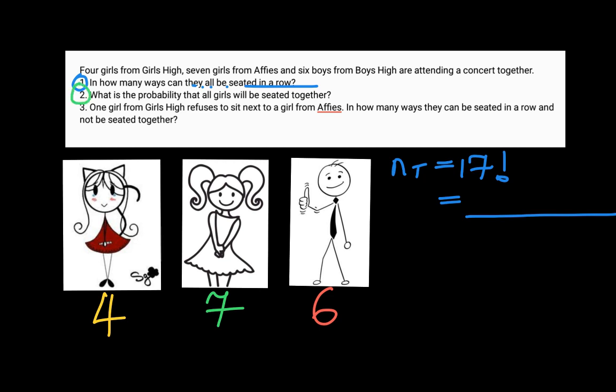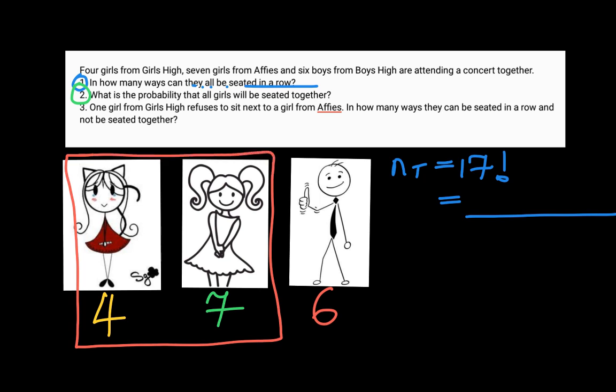So question 2 in here is, what's the probability that all girls will be seated together? Okay, all girls must be seated together. So what must I do with the girls? I must take all the girls and make them a single block.